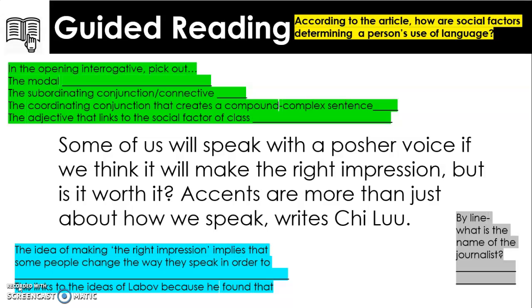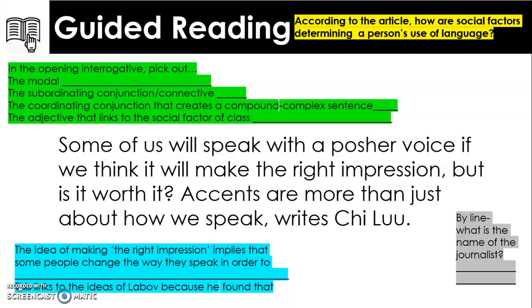Brilliant. So Labov recognized that workers, people in the workplace, particularly in high-end stores, were trying to speak with a posher voice to impress their clients, to make it sound like they fitted in with the people they were serving. That reminds us of Labov's New York department store experiment, where he looked at the way people were changing their accents in the higher-end stores, the way they were pronouncing fourth floor, in order to impress the shoppers coming into the store.